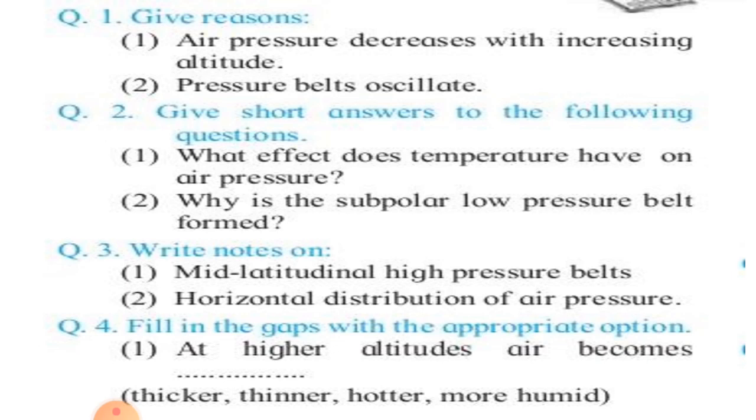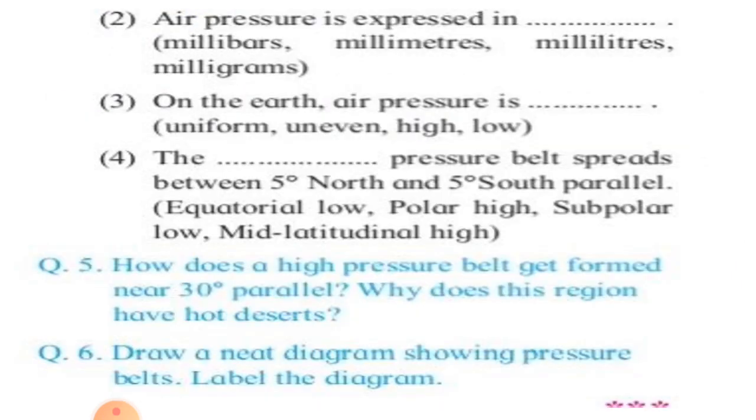Question number four, fill in the gaps with the appropriate options. Question number five, how does a high pressure belt get formed near 30° parallel? Why does this region have hot deserts? Question number six, draw a neat diagram showing pressure belts.